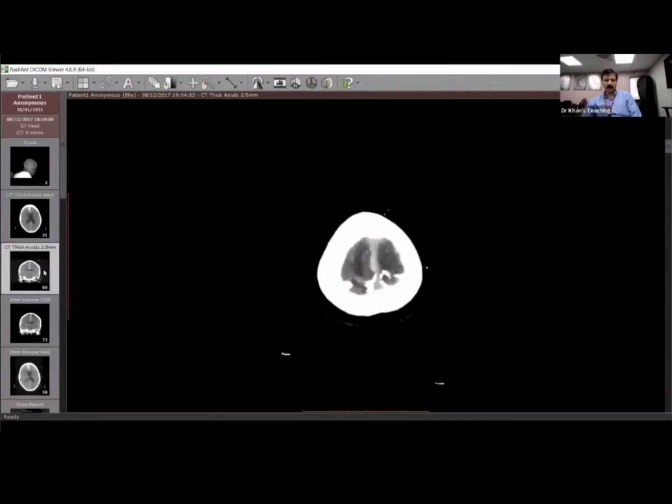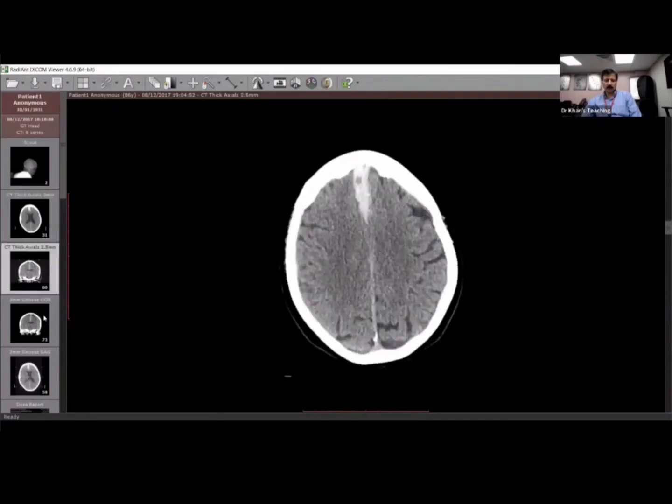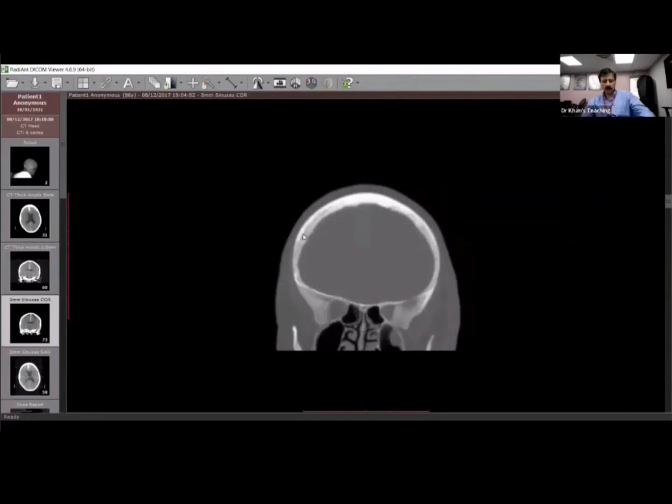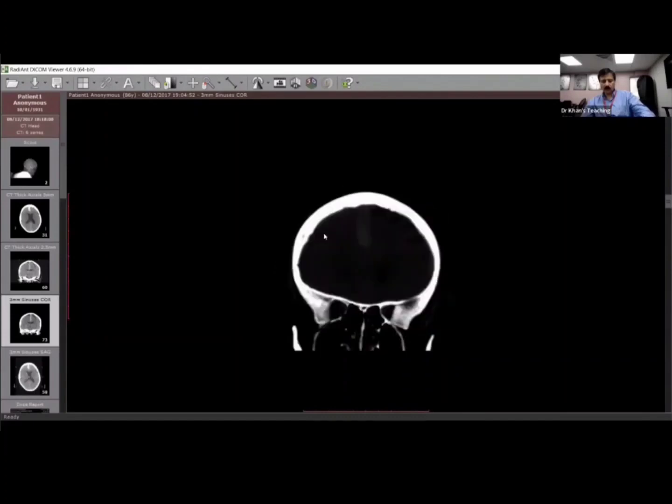If we go to the coronal, which is this one, let me change the windows. What is happening? Just one second.